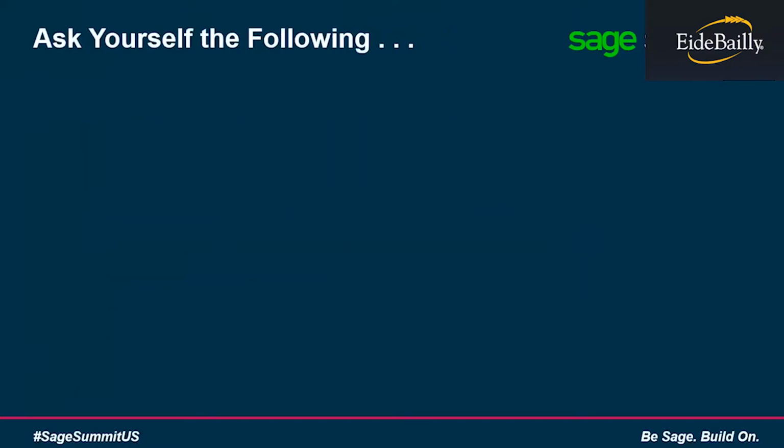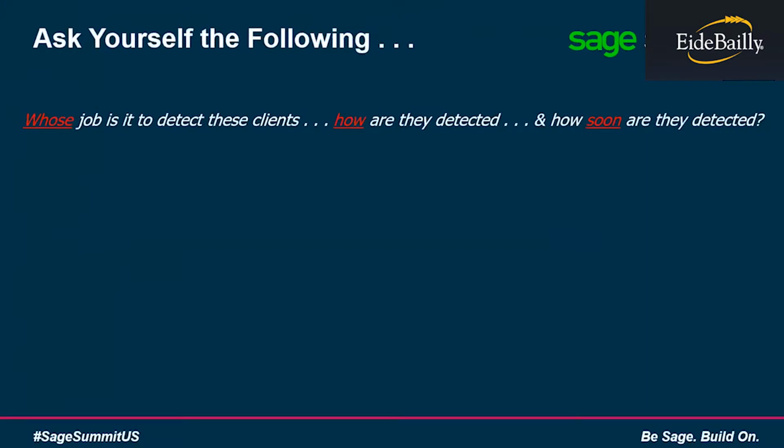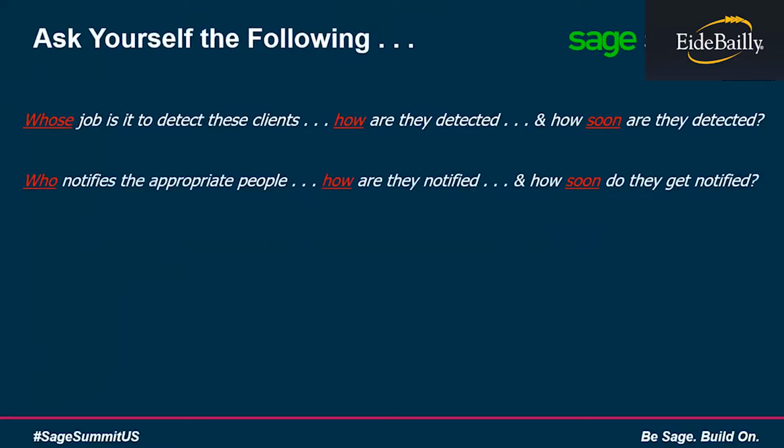Now ask yourself and answer the following questions. Whose job is it within your organization to identify past due clients? How quickly are delinquent clients identified? Once they're identified, whose job is it to notify the appropriate people, to notify the client, their sales rep, your CFO?